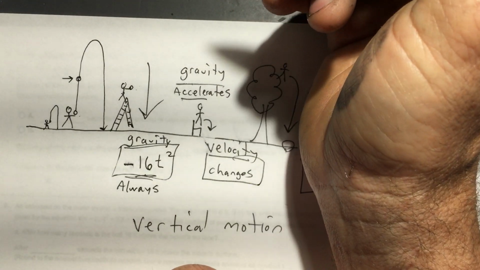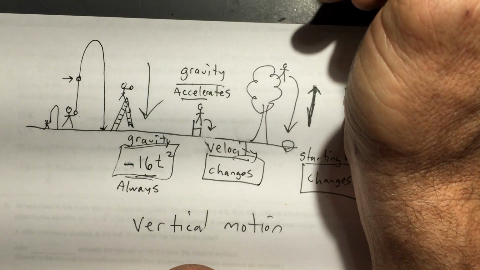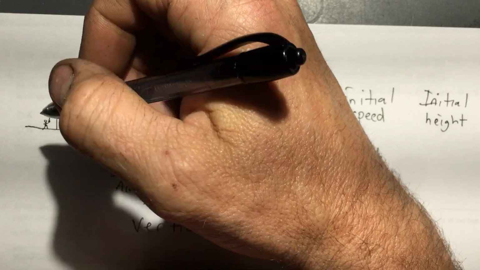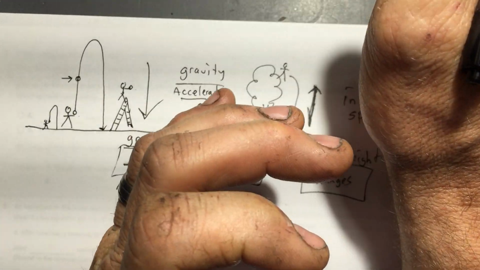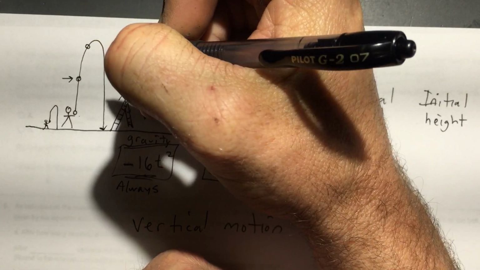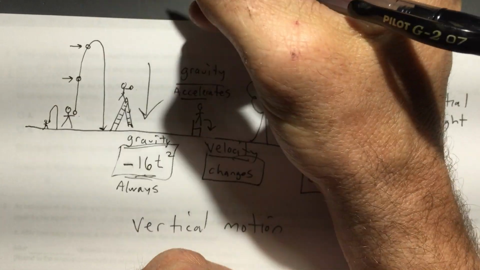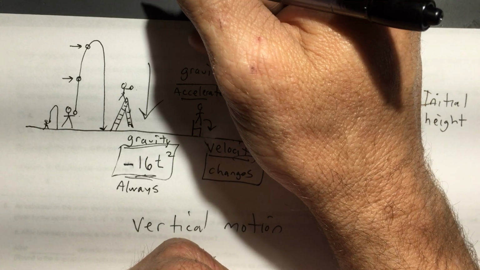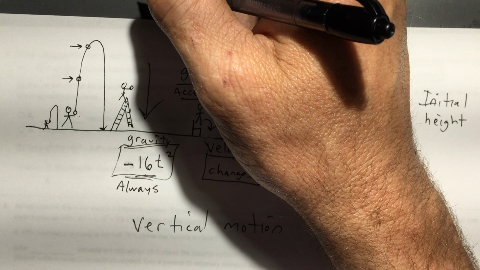That height might be 20 feet. If I was to be able to just snap and stop motion in 2 seconds, the ball might be right there in 2 seconds. And whatever height that is, that could be like 30 feet or 40 feet. I don't know. It depends on the problem.